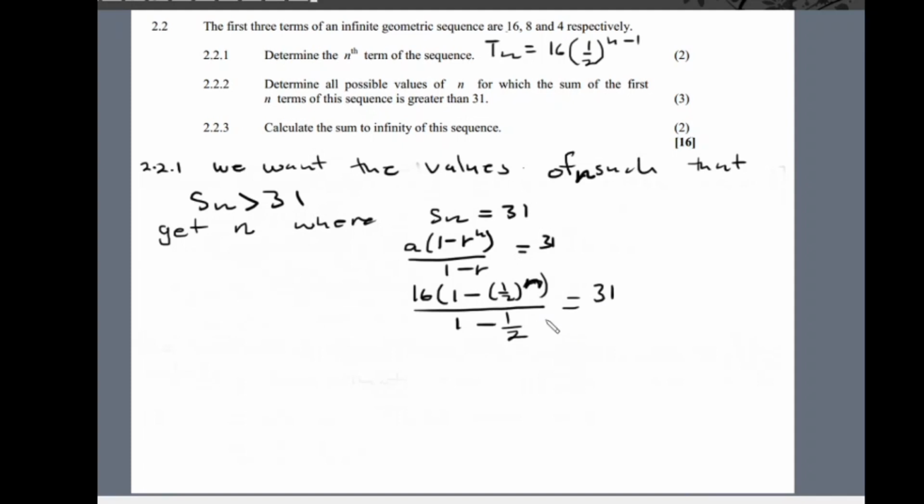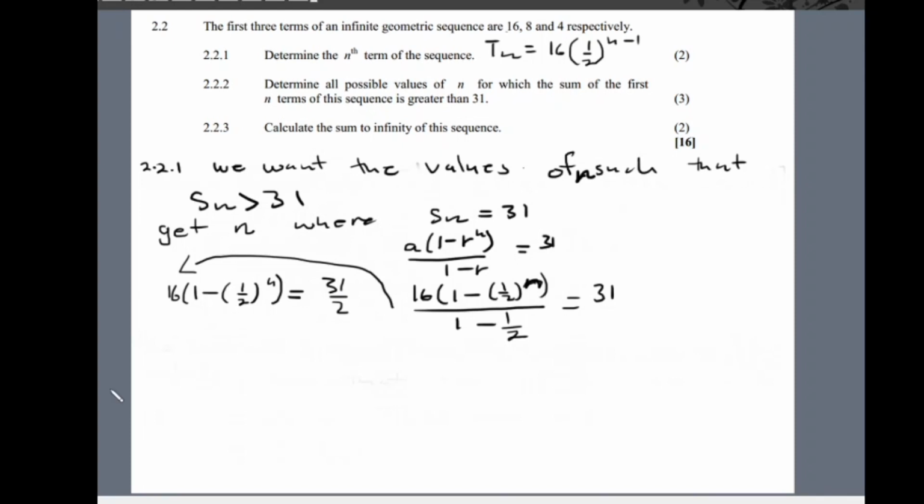So we will have 16 times 1 minus 1/2 to the power n is equal to 31 over 2, right? And then divide throughout by 16.